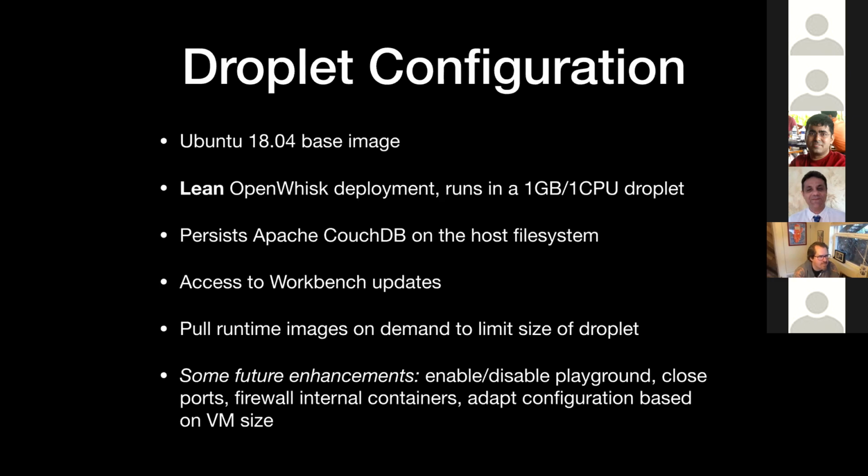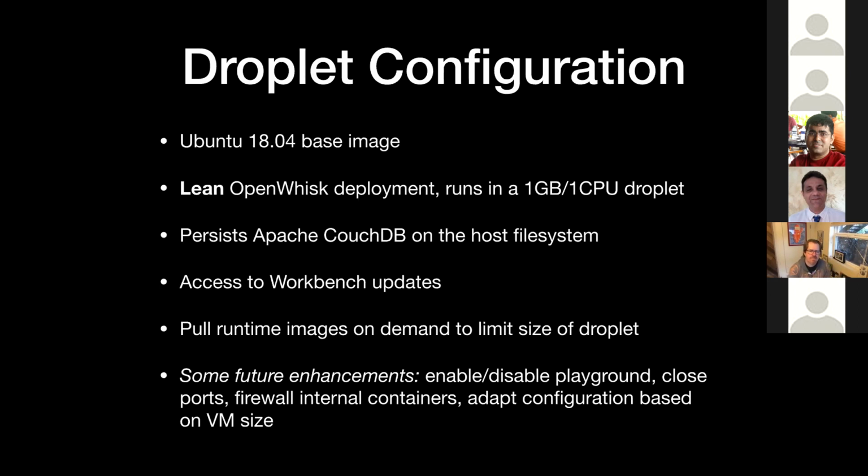And the way the images are pulled, I provision the image only with Python and JavaScript because those I think are the most popular, but all the other images get pulled on demand as you run an action in that runtime. So if you tried Rust in the future or Ballerina or something else, it might take a little bit longer initially to pull the images from Docker Hub.